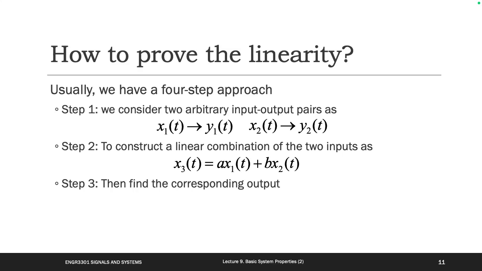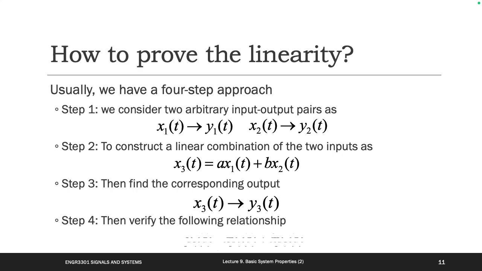Then find the corresponding output y3(t) for x3(t), and verify the following relationship. If y3(t) equals this one, then we can prove that our system's input is this one and our output is this one. That makes sense to you. Any questions so far?